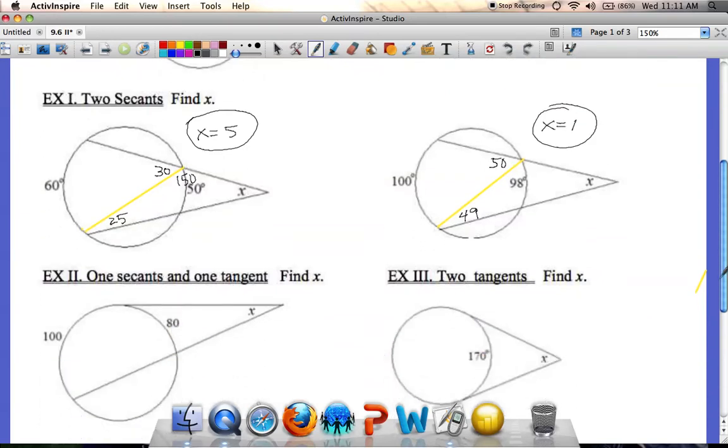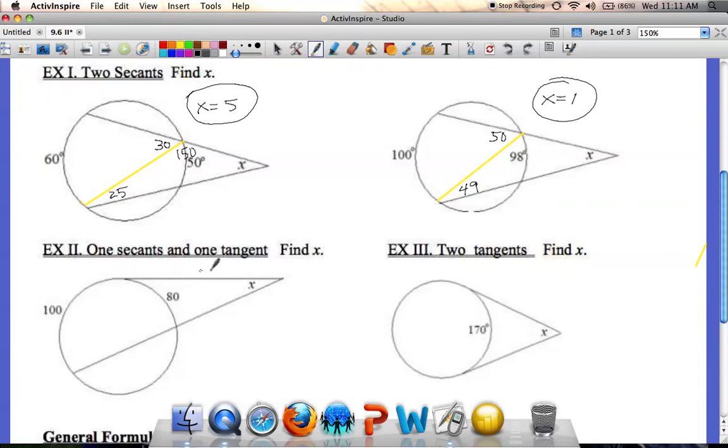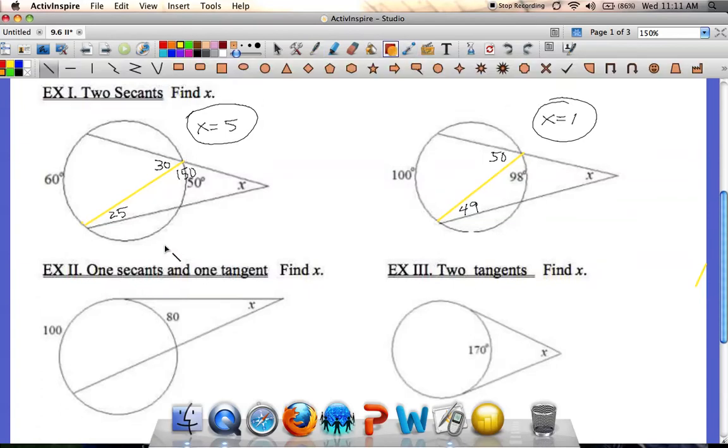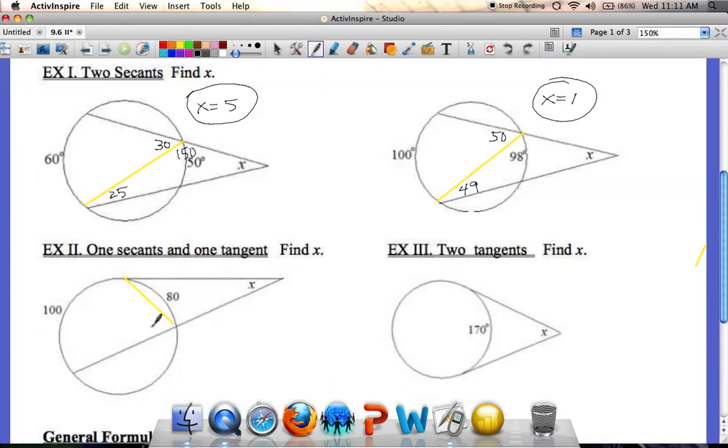Moving down to example 2, what happens if we have one secant and one tangent? Again, we're going to draw in a chord and fill in the angle measurements. This angle here is an interior angle. It's inscribed, it has a 50-degree angle.